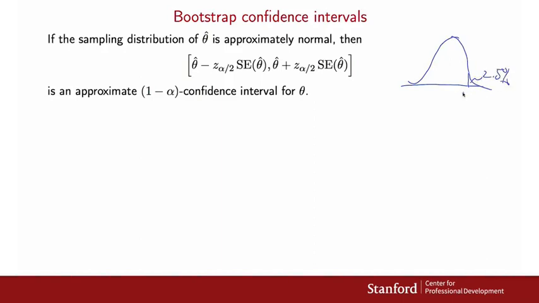So we would look at z.025, and we would simply plug this into the formula and get an approximate 95% confidence interval.